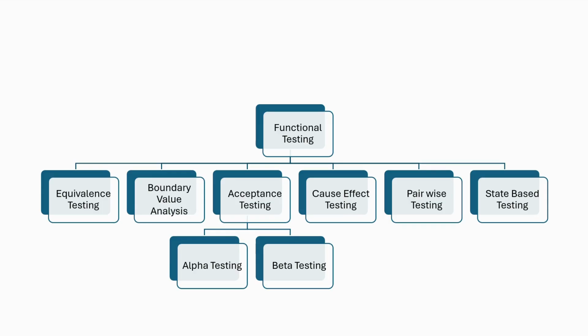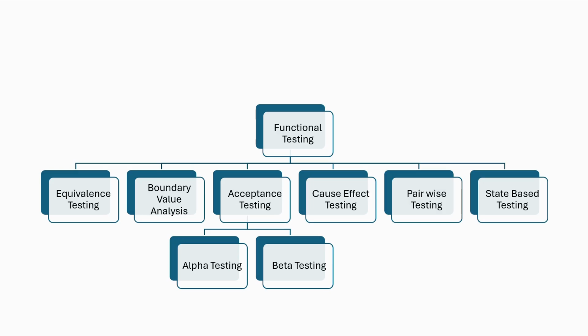It is done by the customer only, but the developer is monitoring whether the customer is getting any problem, whether the customer is doing the tasks, or what problems he or she is facing. So that is alpha testing.